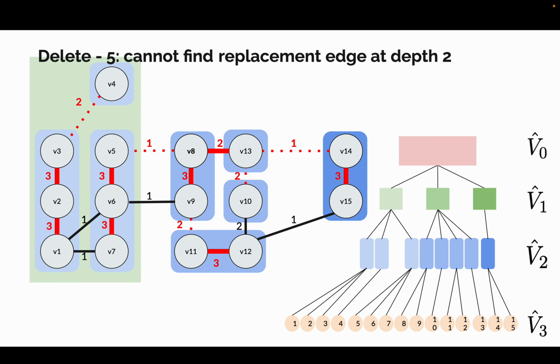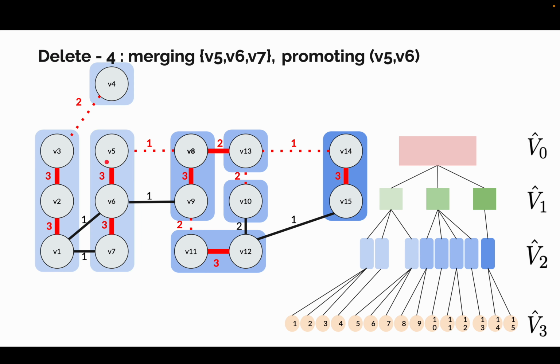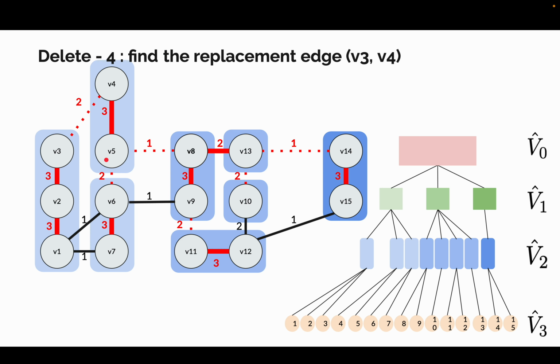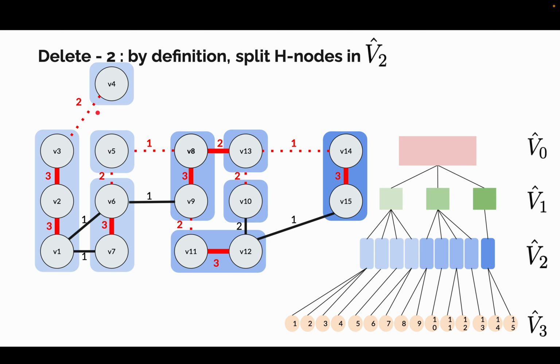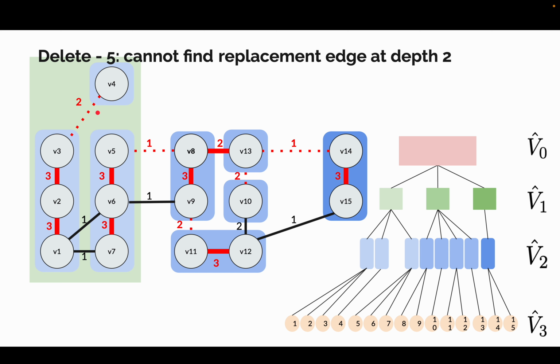But here, after merging, initially V4 and V5 were connected by an edge of 3. But after merging, we cannot find any edges that have a depth of 3.